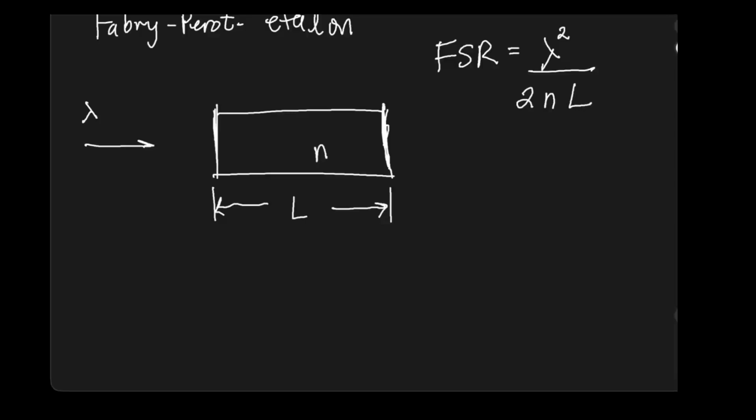And this is important because what happens with the light that comes into the cavity, it creates constructive and deconstructive interference, and so the output will be a result of that constructive and deconstructive interference.